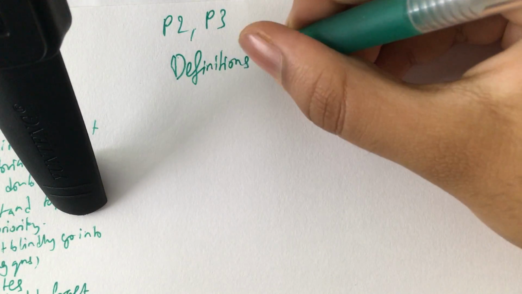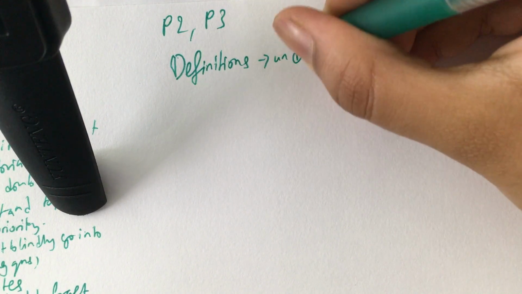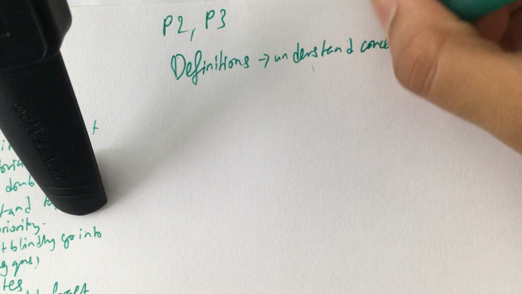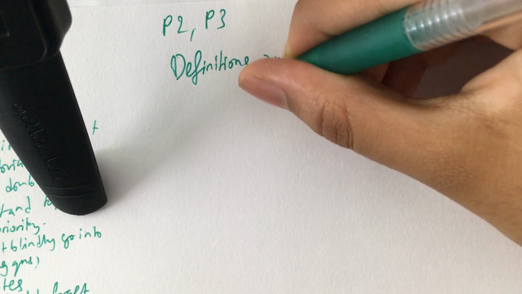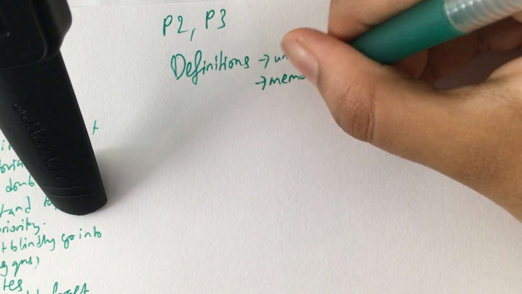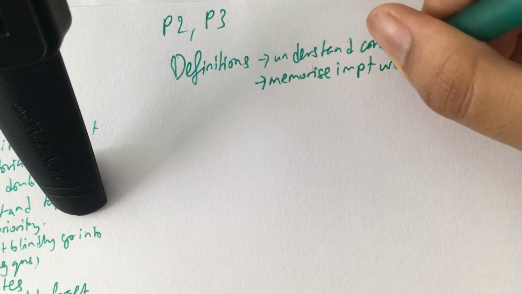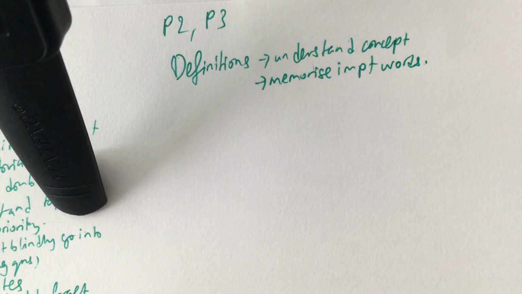Or at least if you understand the concept so well, you can just regurgitate the same thing out somehow, then go ahead and do that. Just figure out a way to remember the definition. Either write it down like 10 times or remember the concept well and attach the keyword to whatever you remember. Then you can get free marks from definitions. Yay. Okay, so that's the first kind of question.